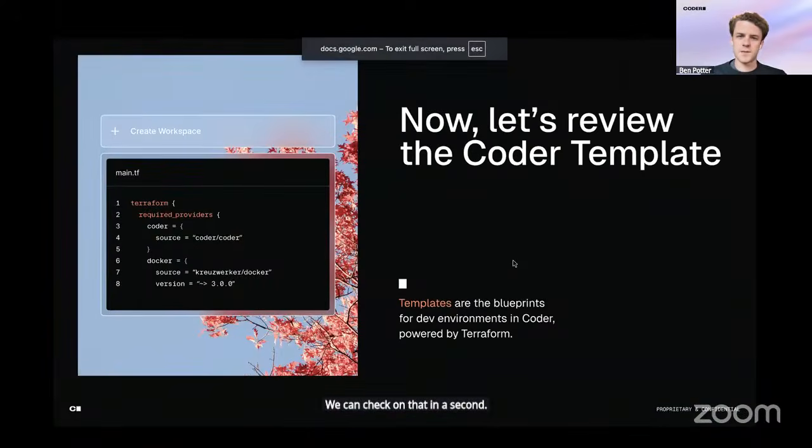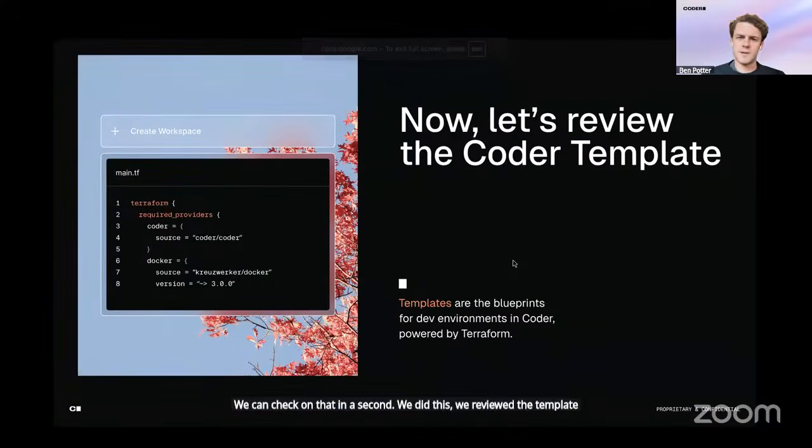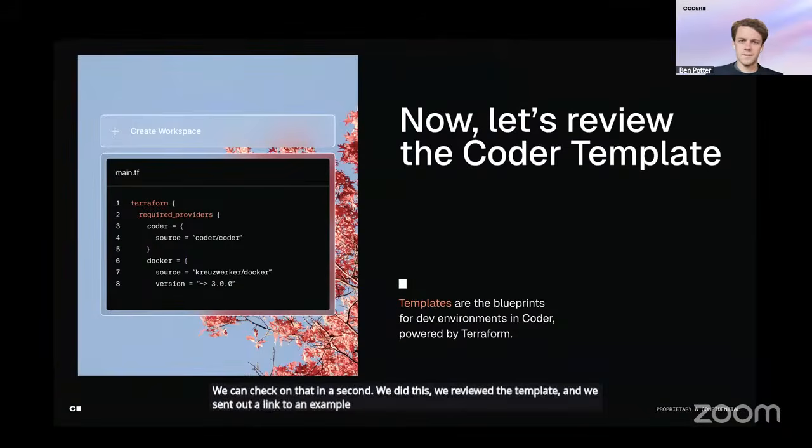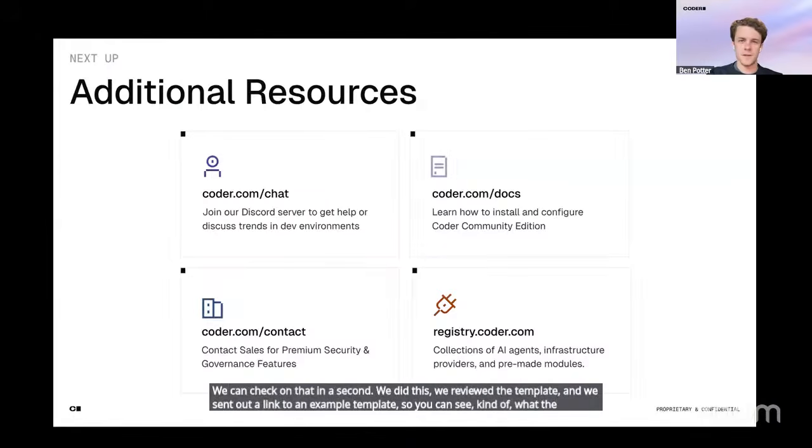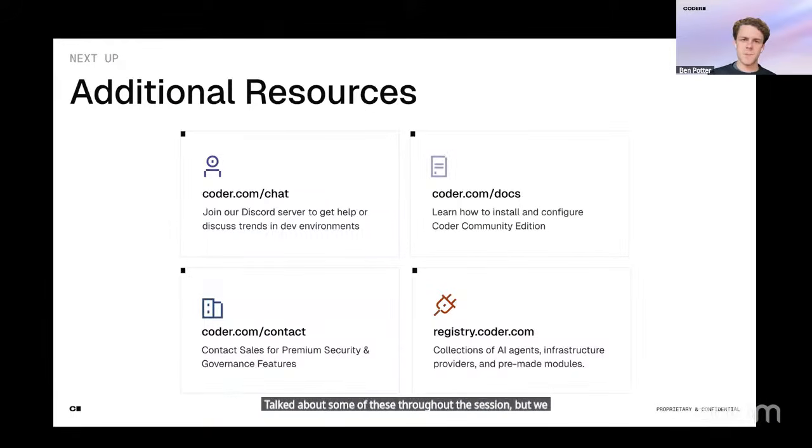We reviewed the template and sent out a link to an example template, so you can see what the infrastructure is like for this. I wanted to share some additional resources as well. Talked about some of these throughout the session, but we have a Discord. So if you go to coder.com/chat, you can chat with us and get help and questions if you need to use Coder. We have docs, which can walk you through how to install the community edition.